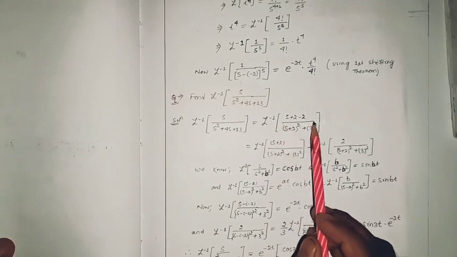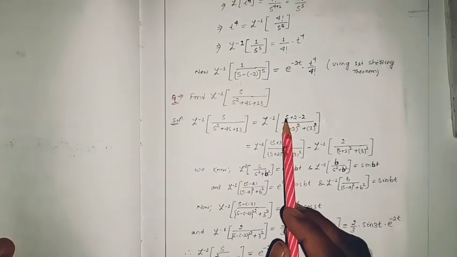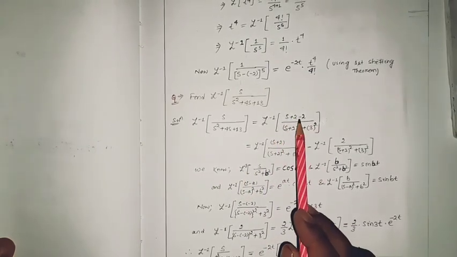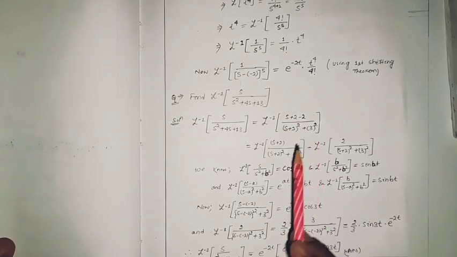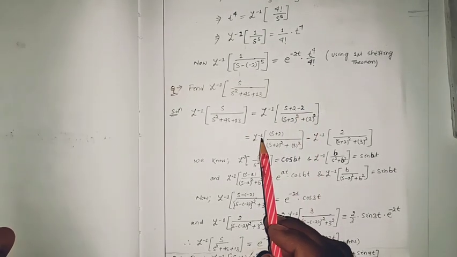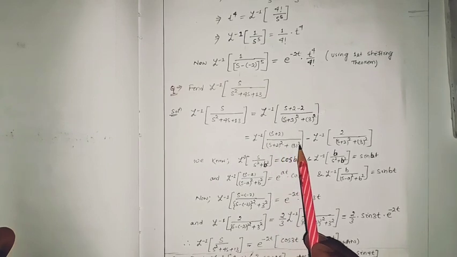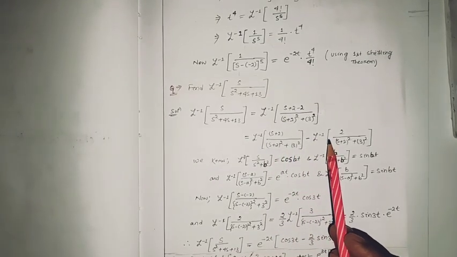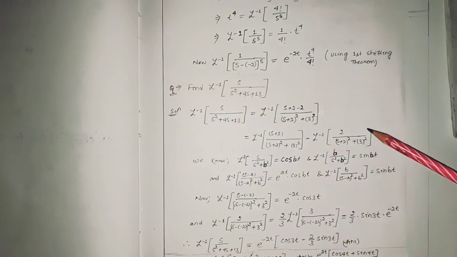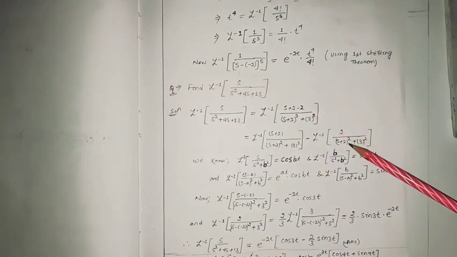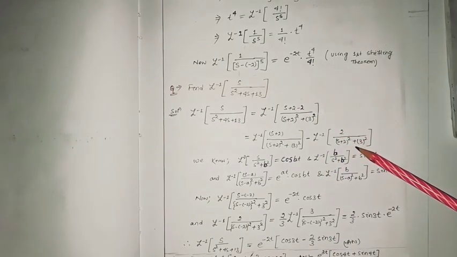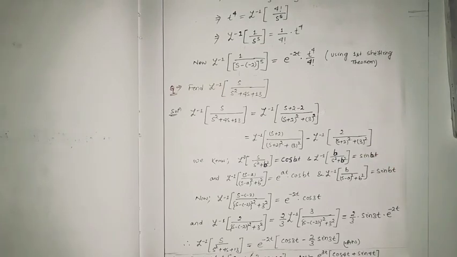Now this can be written as (s plus 2) divided by this one, minus 2 divided by this one. So the inverse Laplace transform of (s plus 2) by ((s plus 2) square plus 3 square), minus the inverse Laplace transform of 2 by ((s plus 2) square plus 3 square), right?